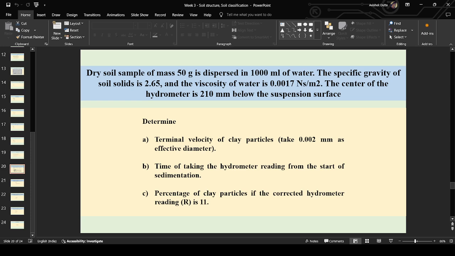Part A is terminal velocity of clay particles. You have been given the effective diameter. Part B is time of taking the hydrometer reading from the start of sedimentation. It means time of taking the reading when the soil particle reaches the center of the hydrometer from the suspension surface. Part C is percentage of clay particles if the corrected hydrometer reading R is 11.